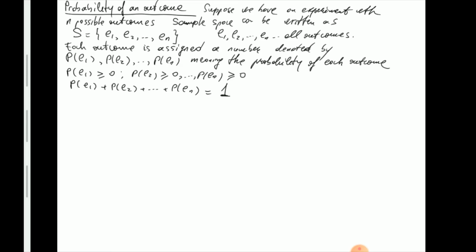Now, if you look carefully at these two conditions, that each of these numbers should be non-negative and the sum of them should be equal to 1, that means each single probability is going to be a number between 0 and 1. Could be 1 or could be 0, but nothing outside of this range.